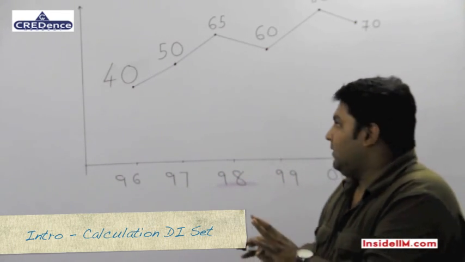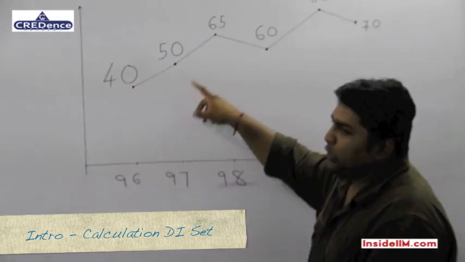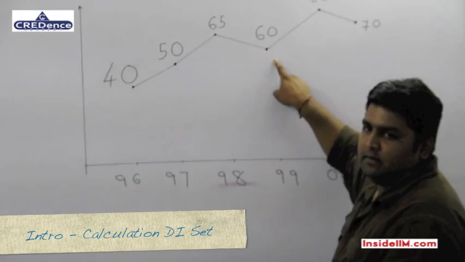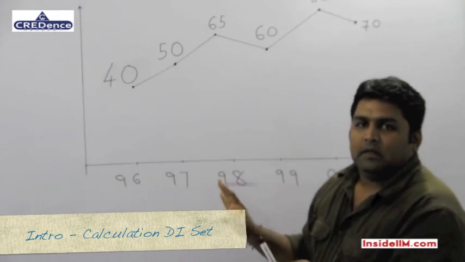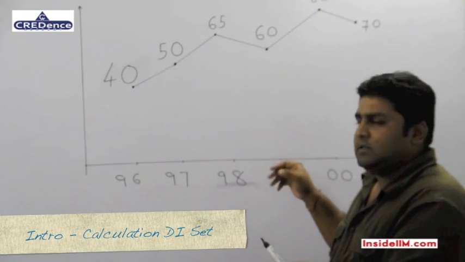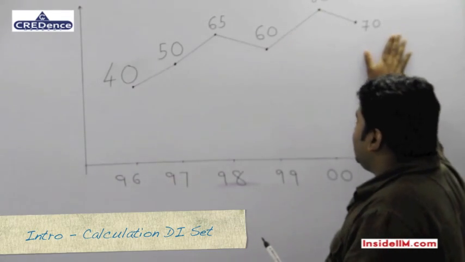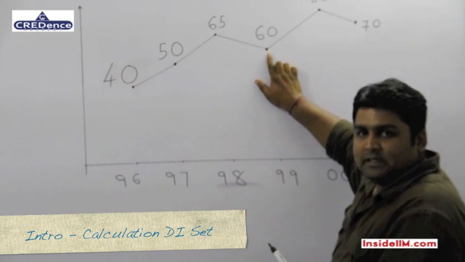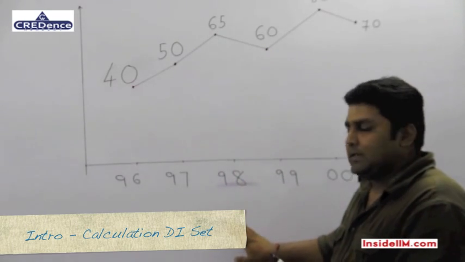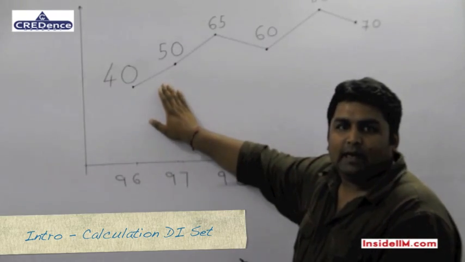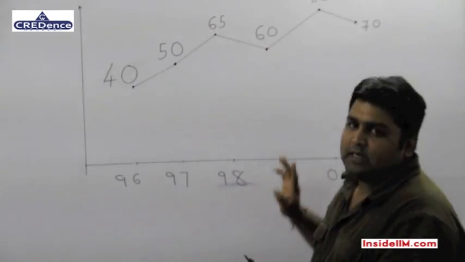So in technical terminology we would say this is not a continuous graph because the values are not increasing from here and decreasing. It is just some data represented in the form of a graph which actually means each of these are percentage increases, and because the year 1999 has an increase of 60% over 1998 as against the year 1998 has a 65% increase over 1997, the comparison shows a down.